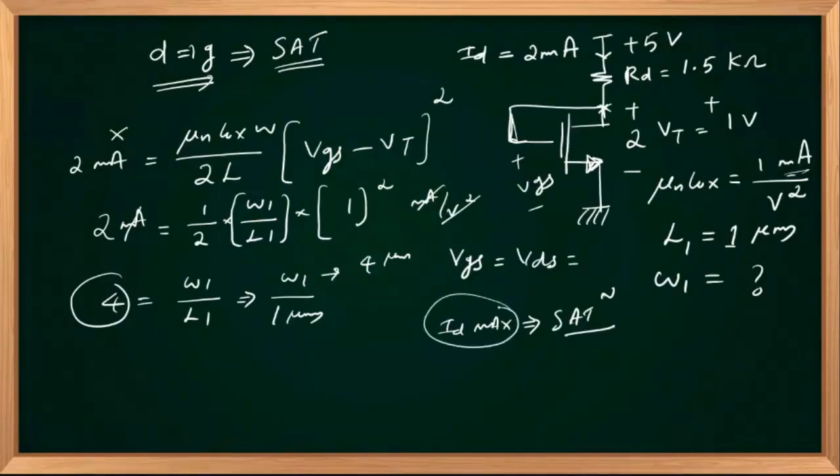ID max corresponding to saturation mode. As we discussed earlier, as ID increases, ID RD increases, and VDS decreases. And the least value of VDS is nothing but VGS minus VT.